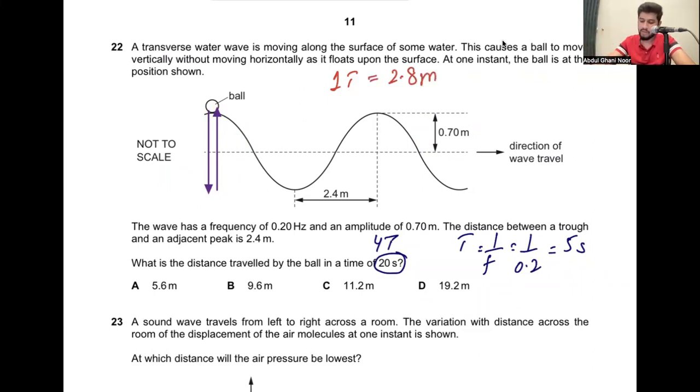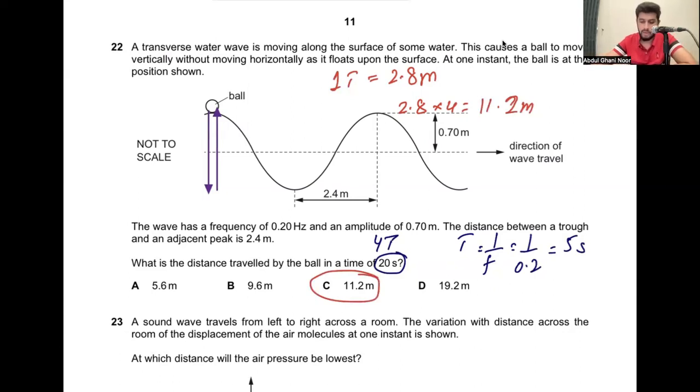How much does it travel in 4 time periods? So 2.8 multiplied by 4 equals 11.2. So the ball travels a total distance of 11.2 meters in 4 time periods.